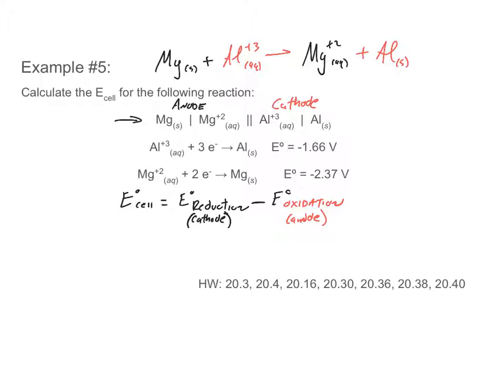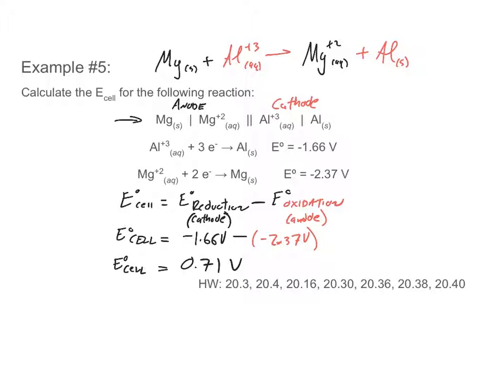So that means when I take my values and put them into the appropriate area, the standard cell potential is going to be negative 1.66 volts minus the negative 2.37 volts, and that gives me a standard cell potential of 0.71 volts.